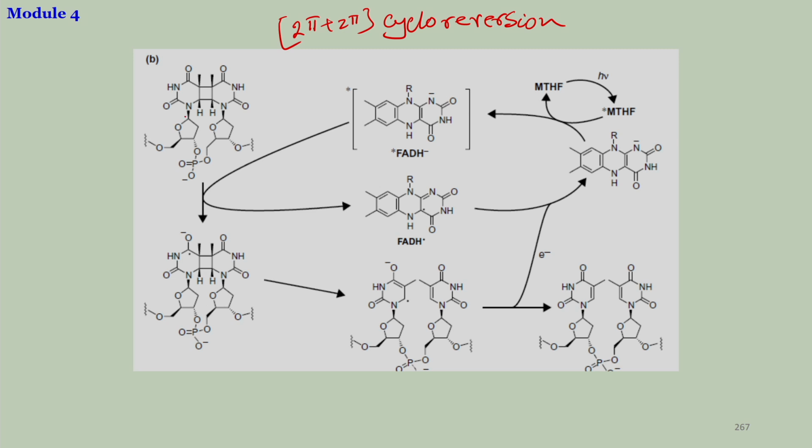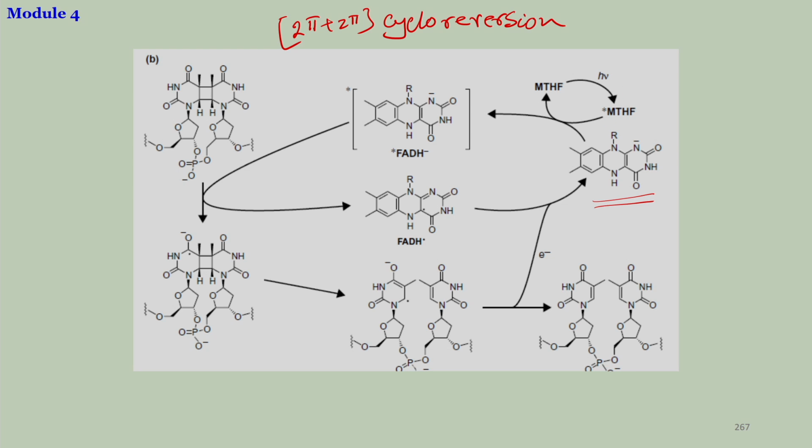So, after the CPD is formed, if you want to break the CPD, you need to inject electrons here to create radicals, and that will do the subsequent chemical reactions. That electron comes from the coenzyme flavin adenine dinucleotide, FAD, and the electron to the FAD actually comes from the methyl tetrahydrofolate, the second coenzyme.